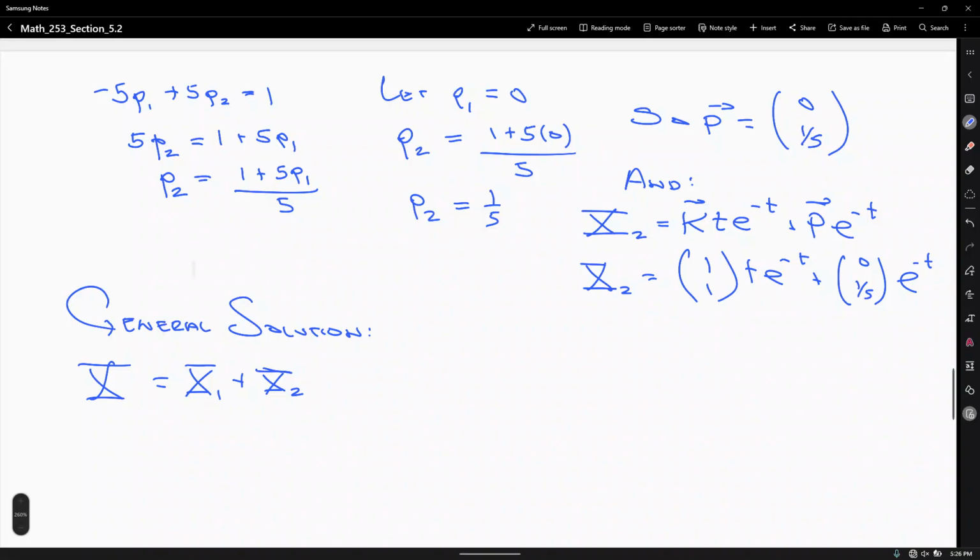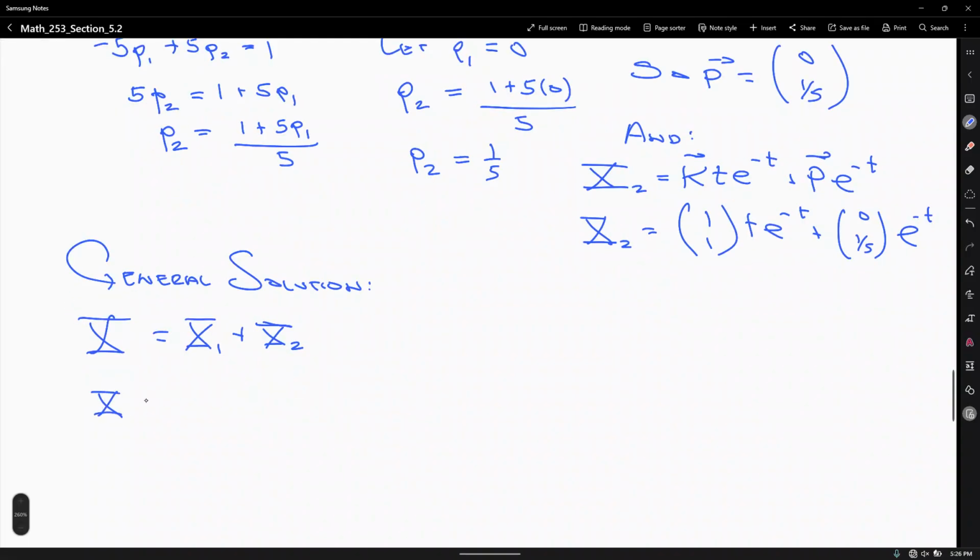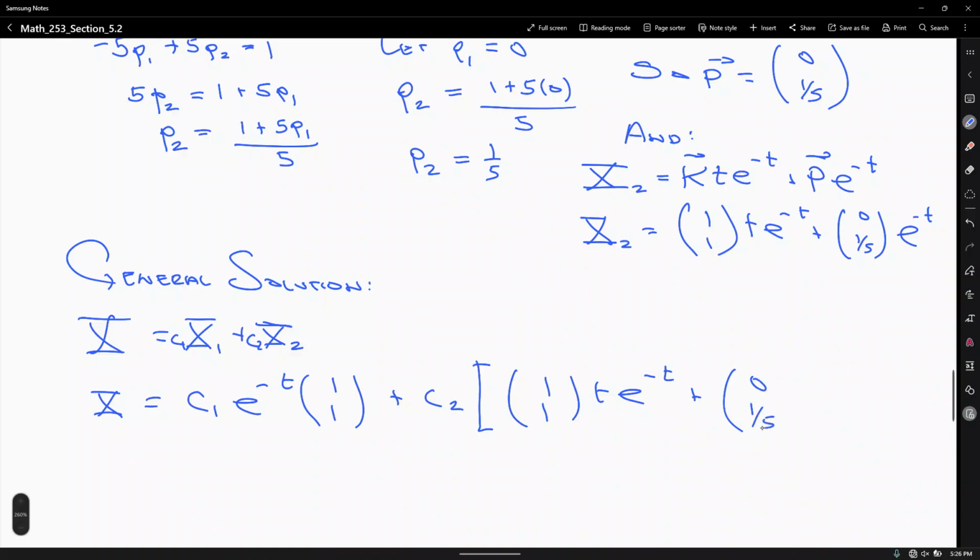So that is x equals c1 e to the negative t times the eigenvector (1, 1) plus c2 times, well, actually, I should have done c1, c2 here, right? Technically. And that is all this madness I had here: (1, 1) t e to the negative t plus (0, 1/5) e to the negative t.